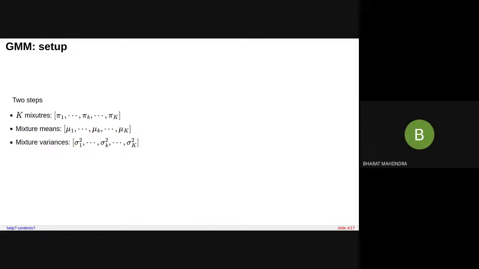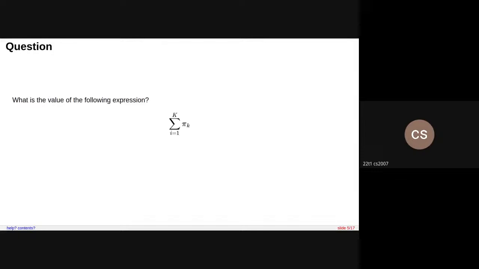So pi is between 0 and 1, and the summation of pi is equal to 1. Right, that's true, so both are correct. So the pi's are between 0 and 1, and they should all sum to 1. Okay, so that is the only constraint on the mixture. Otherwise, your mu and sigma can be anything you want, and that is the setup.